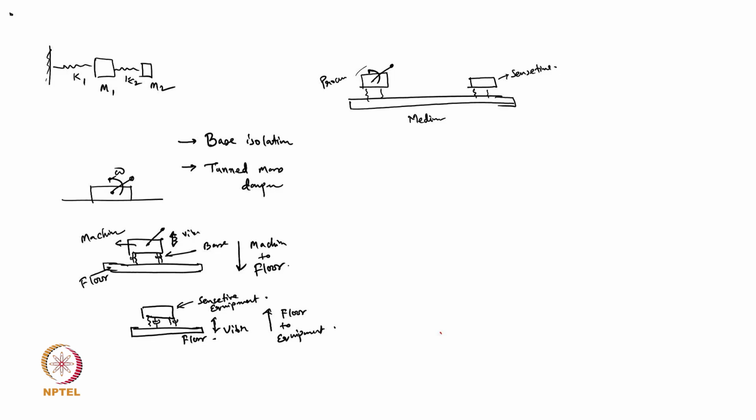That's a normal scenario. But you have to cut it at some stage. Either you cut it here or you cut it here, so that the transmission does not happen. Make sense? If you do it here, at the source, you are mitigating at the source, or else you are mitigating at the object level.